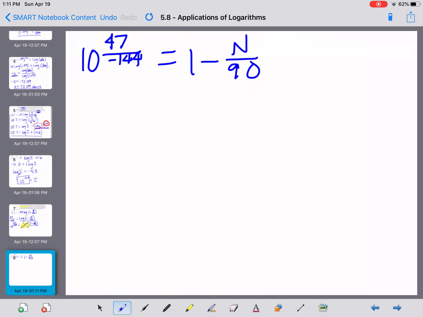Go through that process. I'm not going to solve 10 to the 47 over negative 144 yet because it's going to give me something funky, so I'm going to keep all that in there until the very end. So minus 1.